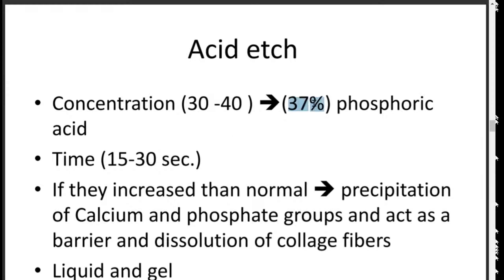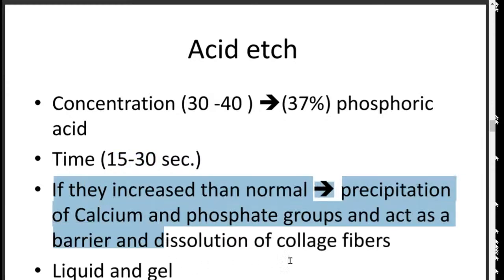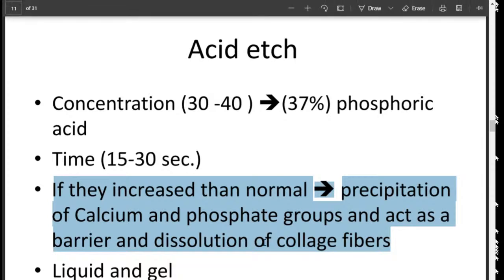And the most important concentration is 35%. Of course, the time is very crucial at this point to etch the enamel. If it increases, then normal precipitation of calcium and phosphate groups act as a barrier and dissolution of collagen fibers.